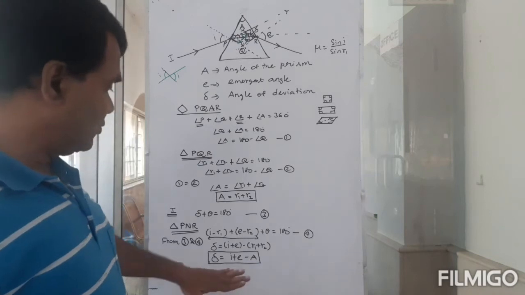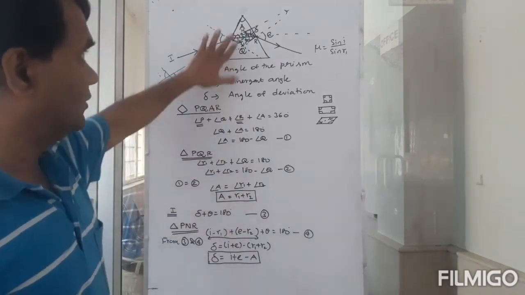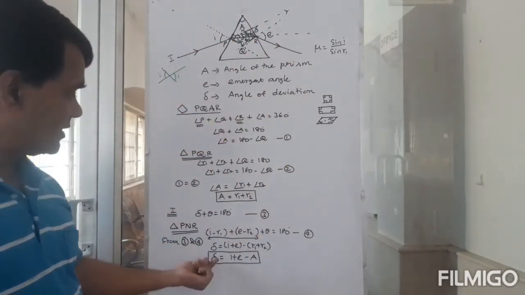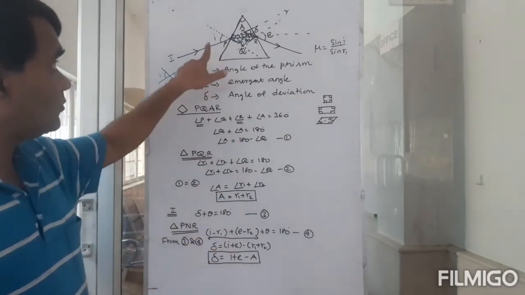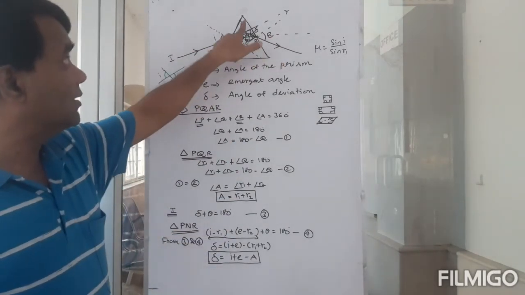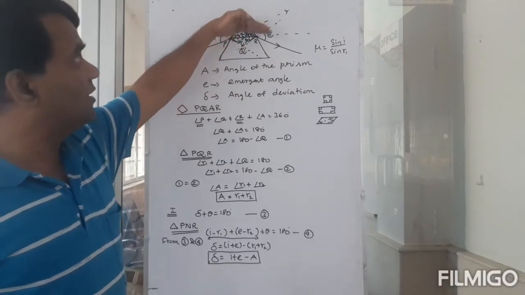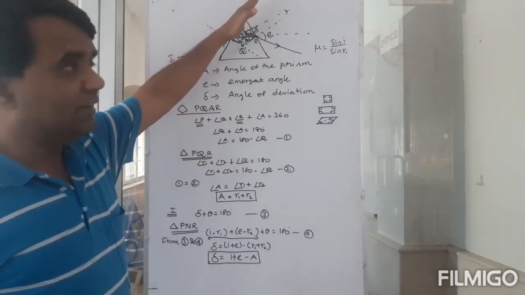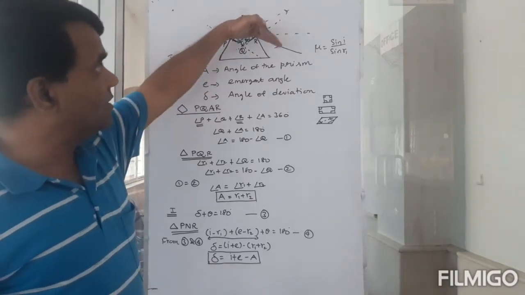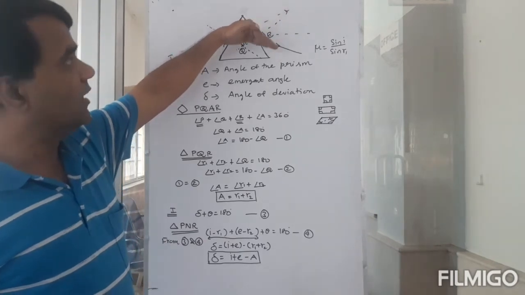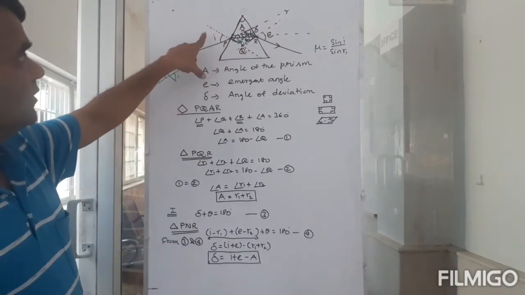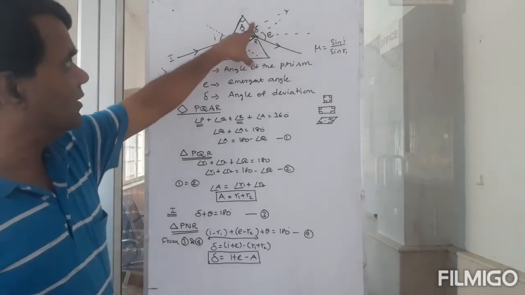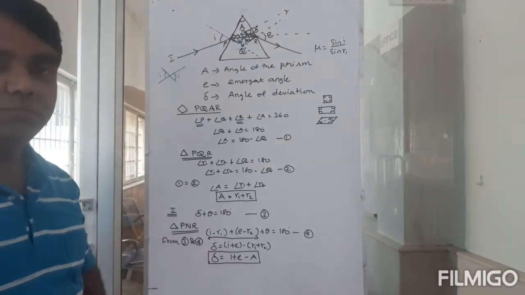I want you to understand this first. So delta is equal to I plus E minus A, the angle between the original ray and the emergent ray.